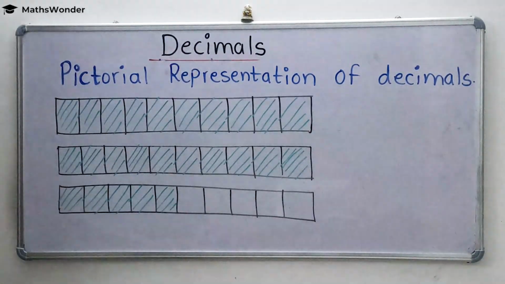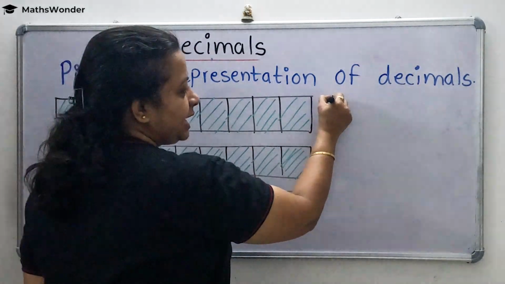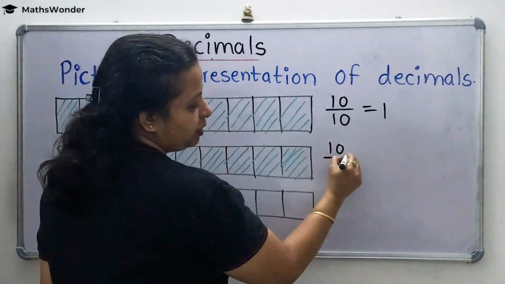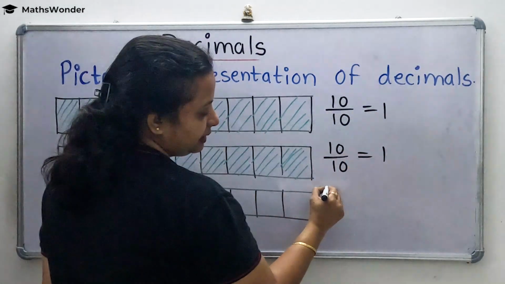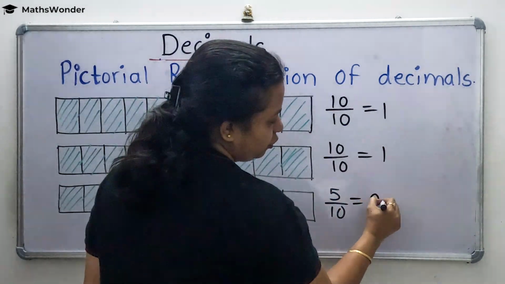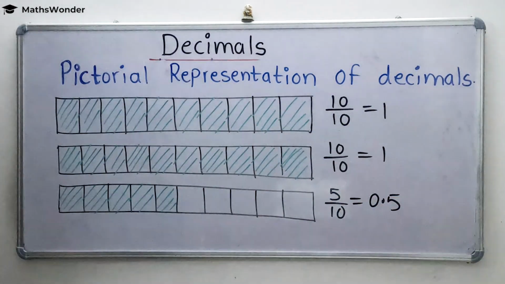So in the next figure, the shaded portions of all 3 rectangles represent what? This represents 10 over 10, which is 1. This is 10 over 10, again a 1. And this is 5 over 10 according to the fraction, so it's 0.5, right? When you add, is it 2.5?